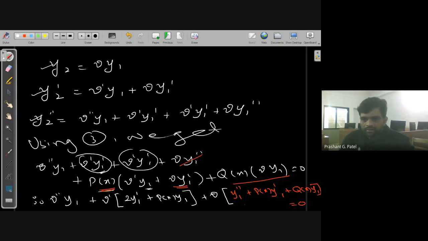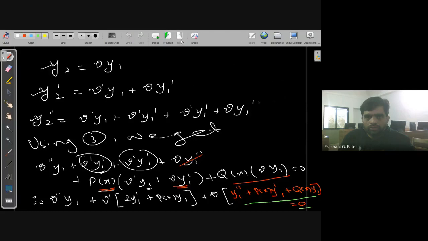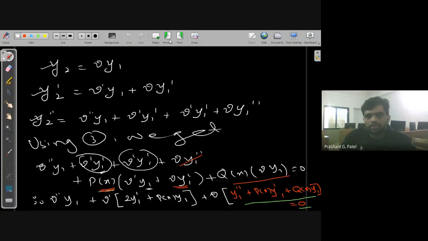Now what is this quantity? Using equation 2, we can say that this quantity is 0. So we have v double dash y1 plus v dash into 2 y1 dash plus p of x y1 equal to 0, because the other quantity is 0 due to equation 1.